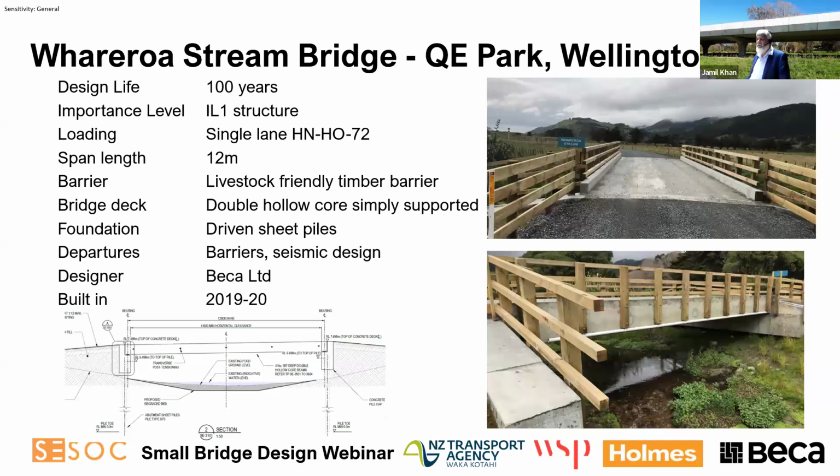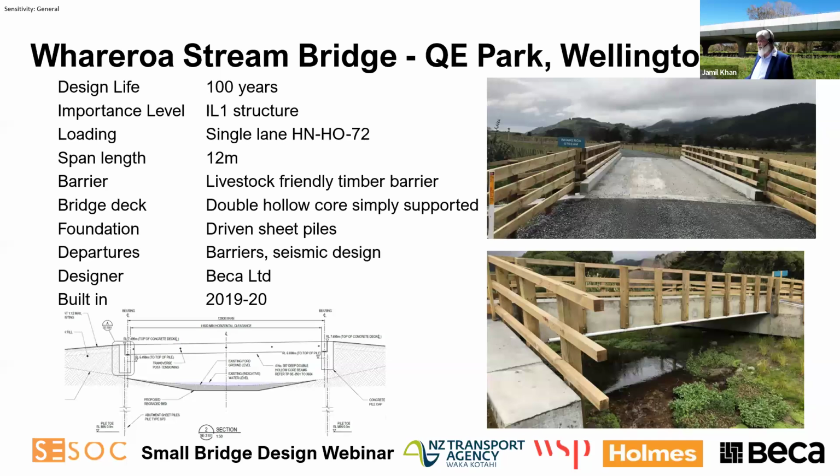livestock friendly barrier, which is a railing. We discussed with the owner, and they needed this type of railing for the cattle to carry over. The bridge superstructure was a hollow core, simply supported on an abutment, which is cast on top of driven sheet piles.